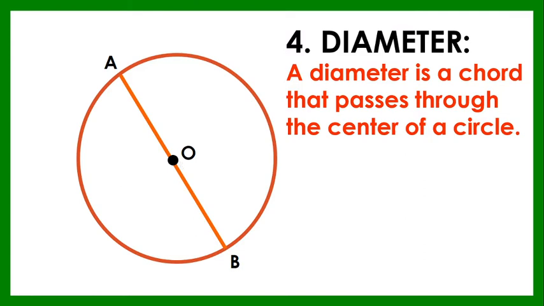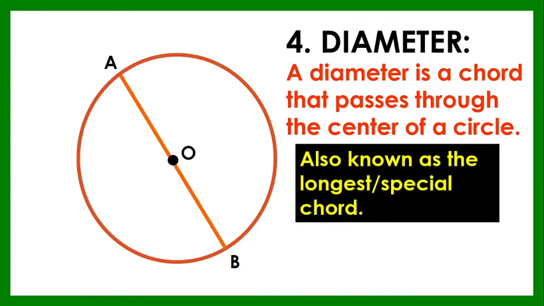So that is a diameter. It divides the circle into 2 halves. And diameter is also known as the longest chord. So the name of this diameter is line segment AB or line segment BA.